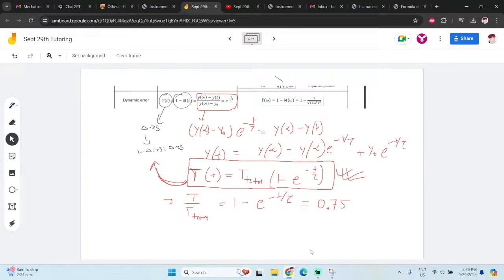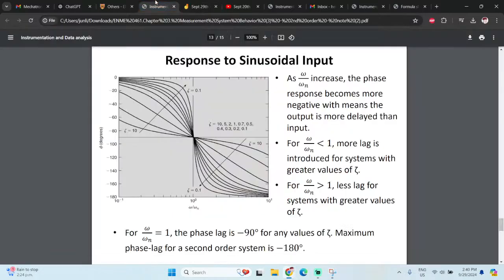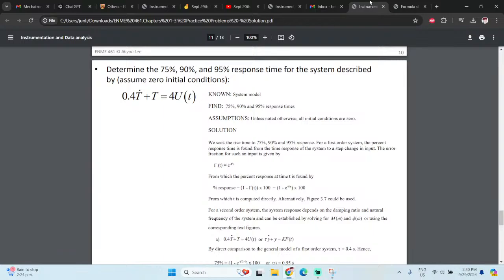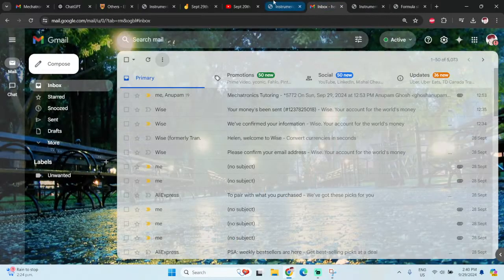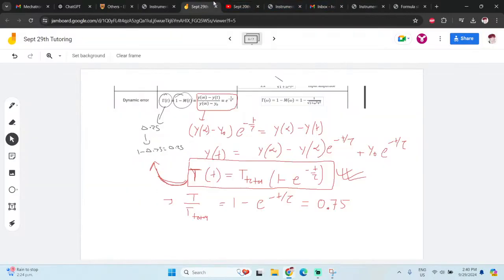Usually initial condition we should not ignore, but here the question itself says to assume 0 initial conditions. So in this formula on the 7th page, which I'm circling, that's the more general formula.